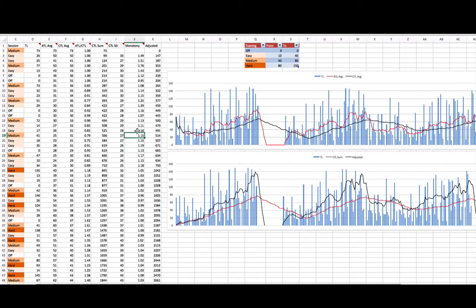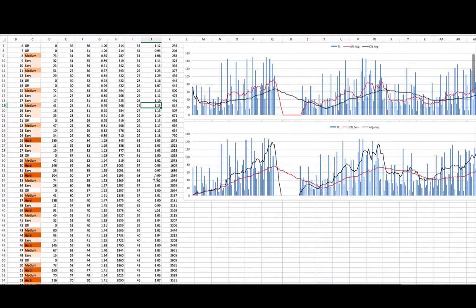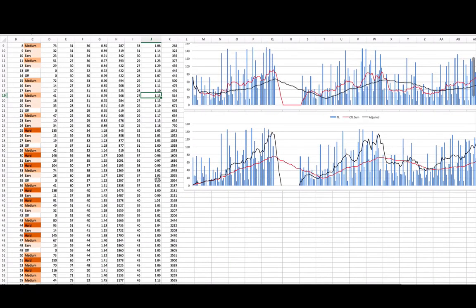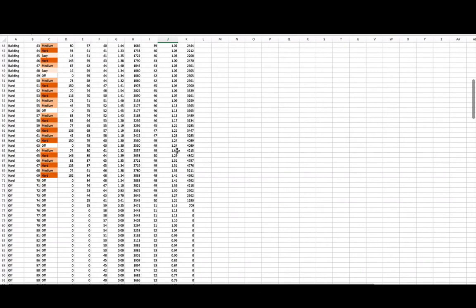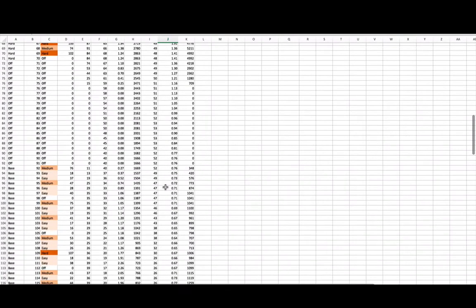So the bigger this number, the higher the monotony. It means that the training is more monotonous. So we don't have too much hard, easy. So in this case, in this base period, we have numbers around 1. And if we go to a hard period, we get much bigger numbers. Let's compare this one.